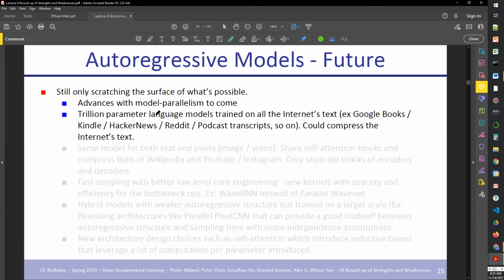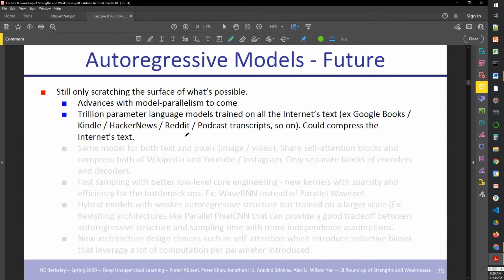Then something we touched on, which is, we have done GPT-2, maybe 3, and then these increasingly trillion parameter language models that can pretty much train on the entire internet and basically end up compressing the internet's text into the model, as it were.